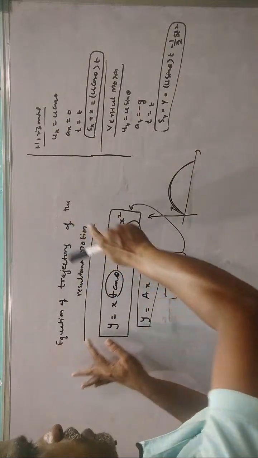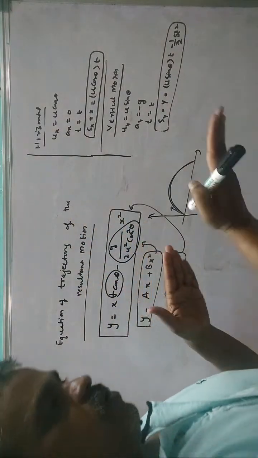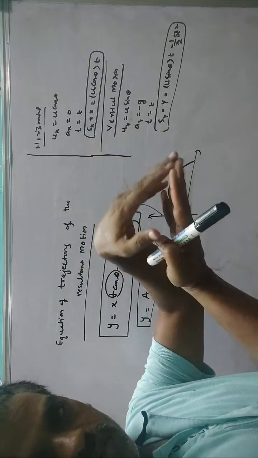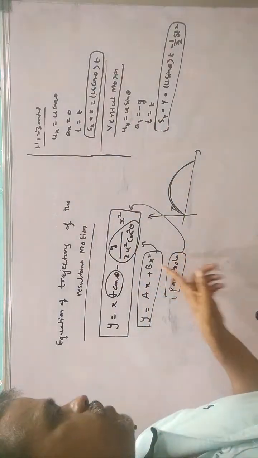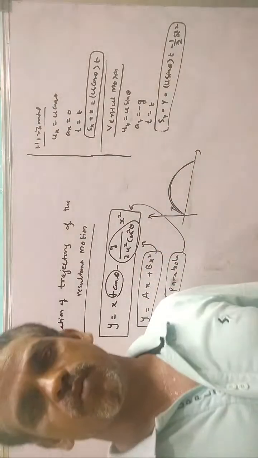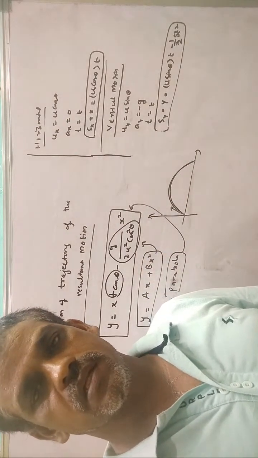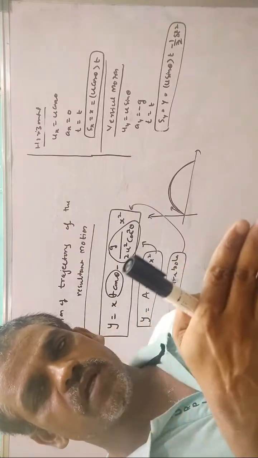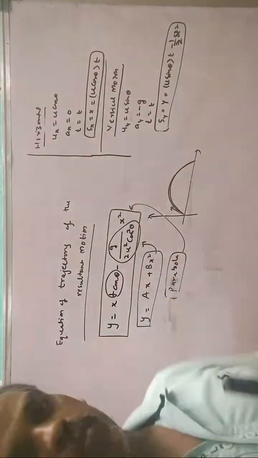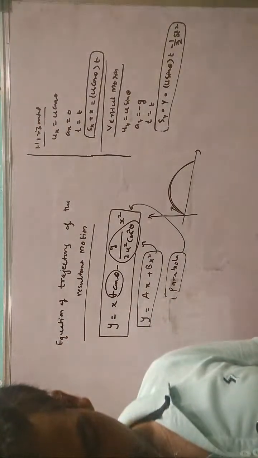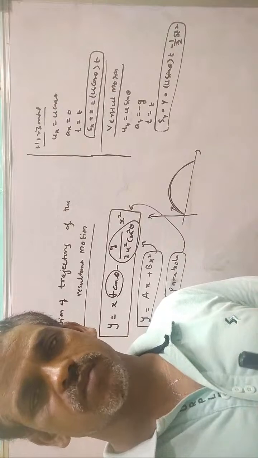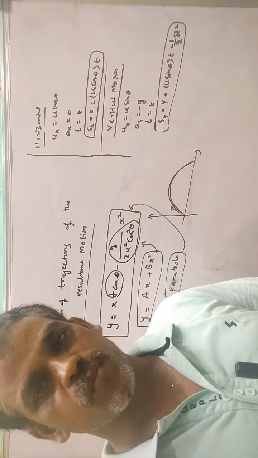The equation of the resultant motion along horizontal and vertical is like ax minus bx square, the parabolic path. So we can say the path of the obliquely projected body is a parabola. Tomorrow we will see some more concepts about projectile motion.